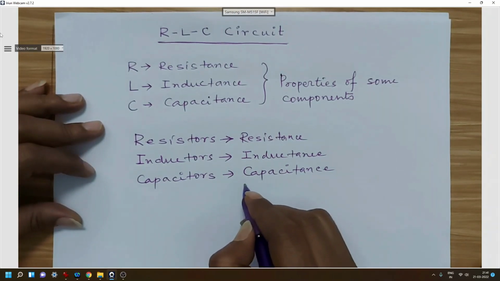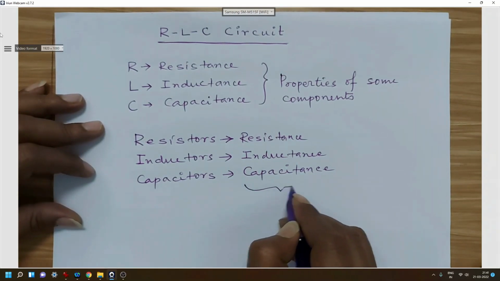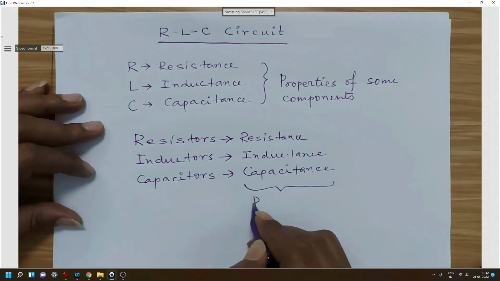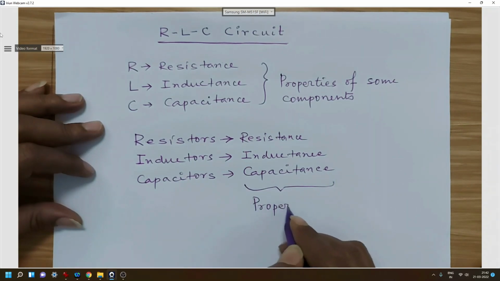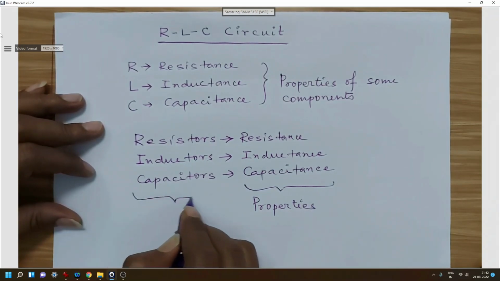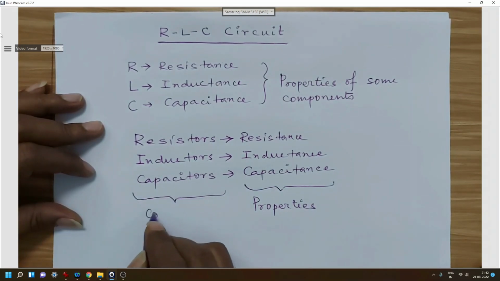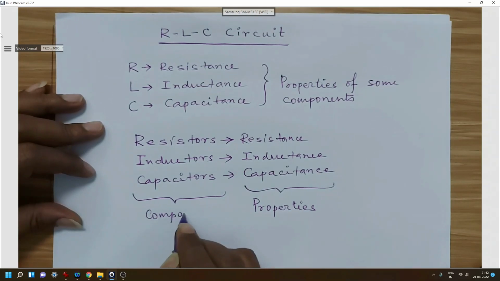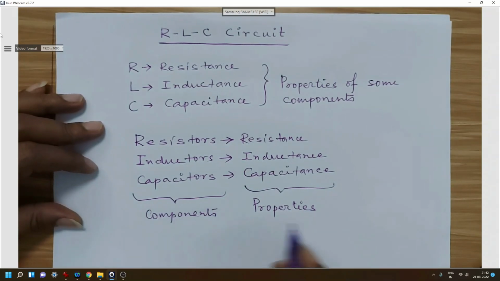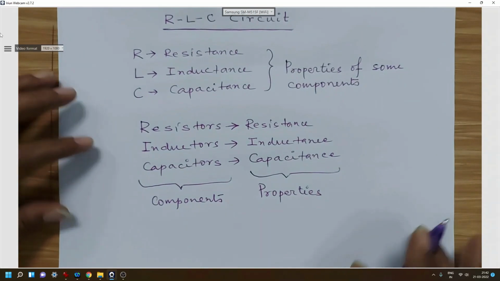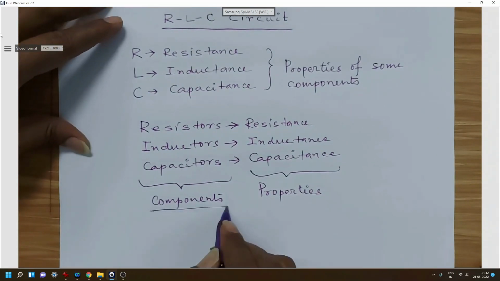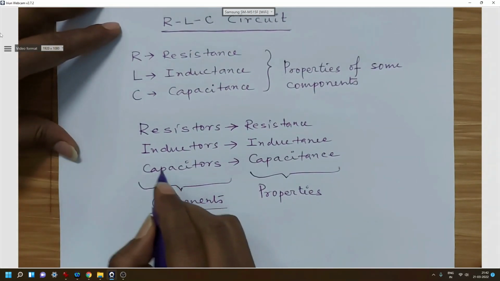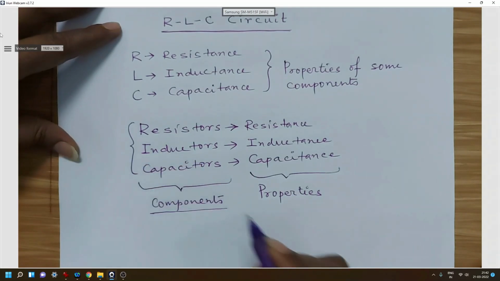So these are the properties and these are the components or elements. We have the materialistic existence for those three components.